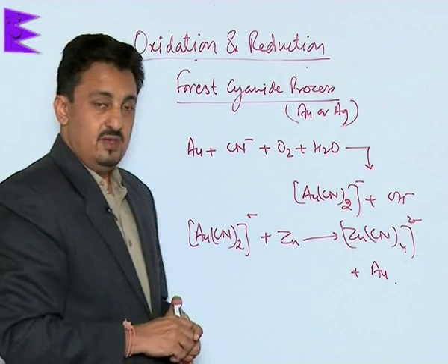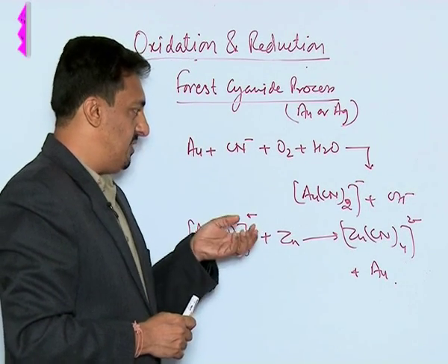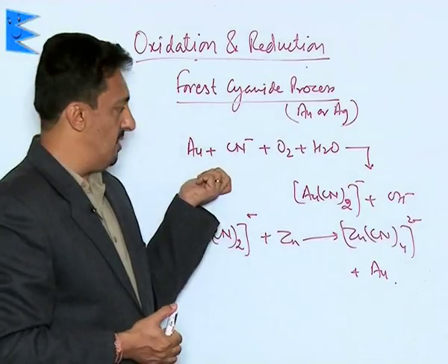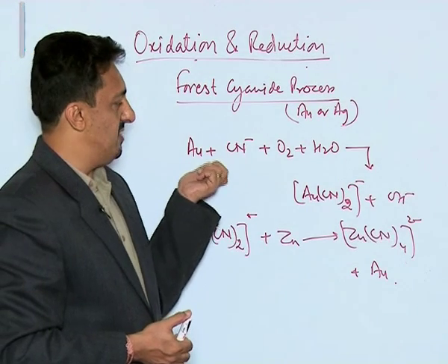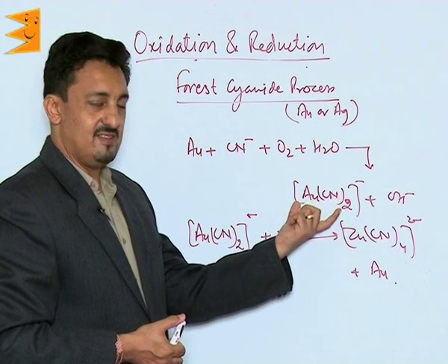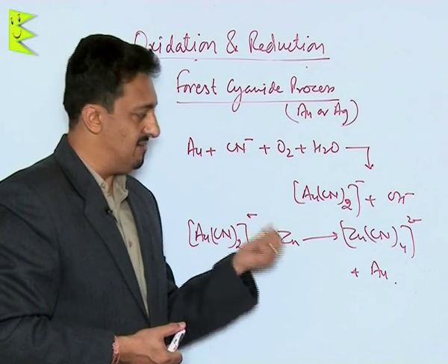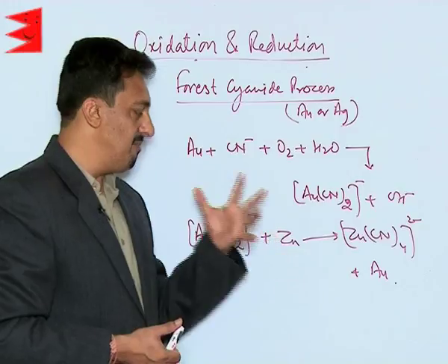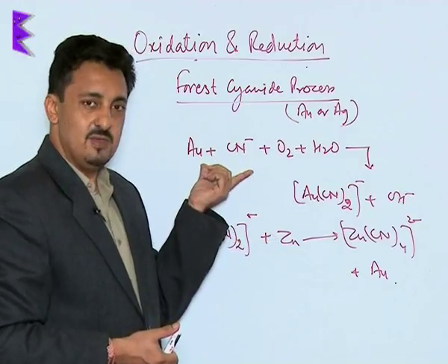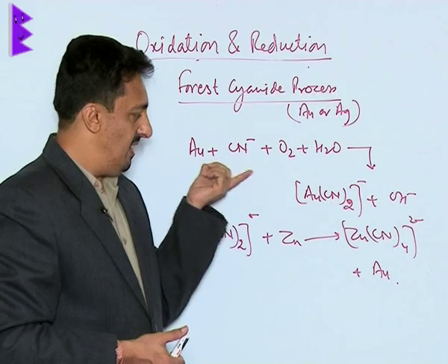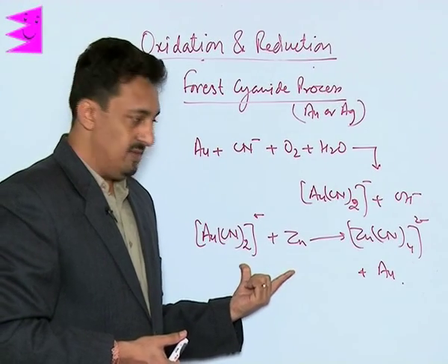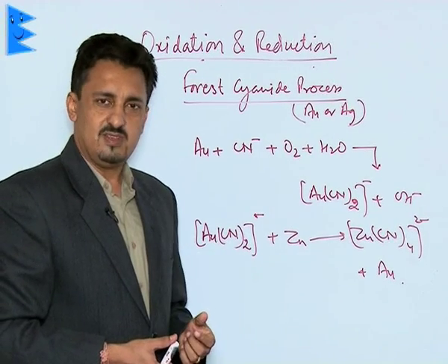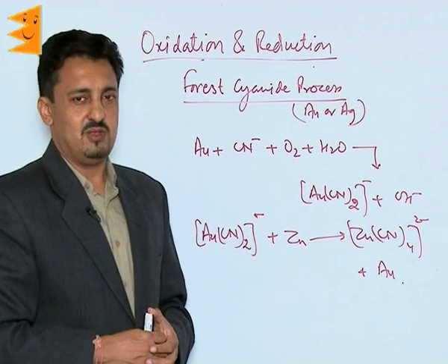So we are involving the oxidation of the impure metal, the ore, which is converted into a complex in the oxidized state, and then it is reduced by using a more reactive metal to obtain the pure metal. So both oxidation and reduction are involved. This step is called leaching or chemical separation, which we have already done, and this is the part where reduction is done, in which the metal gold or silver is reduced to its atomic state. So these are the best examples to explain oxidation and reduction.